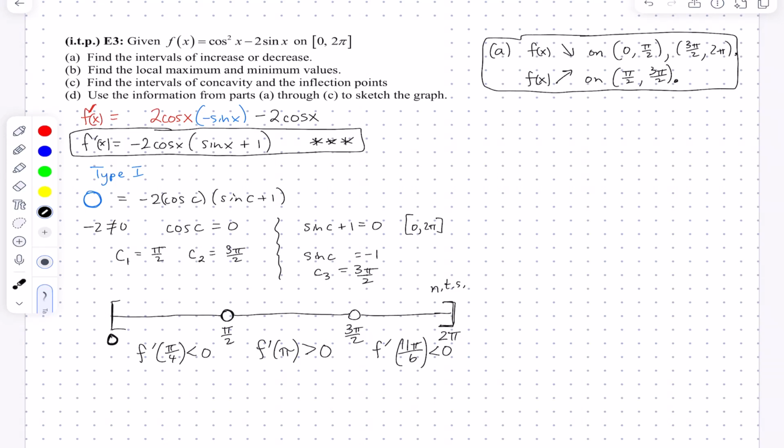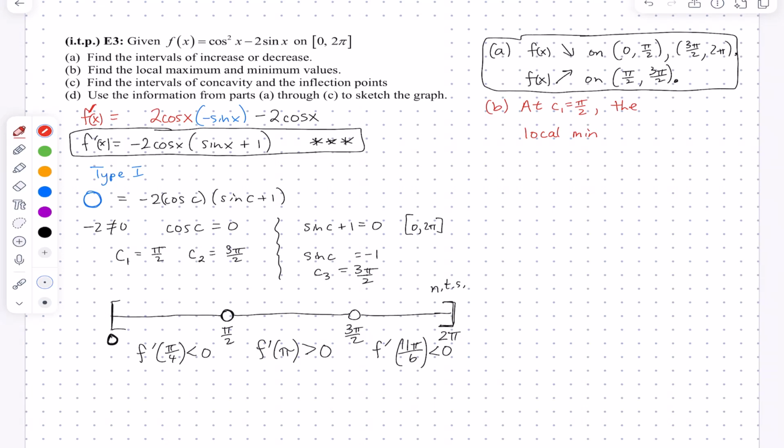So at pi over 2, at c1 equals pi over 2, we have a local minimum because the function decreases and then increases. And the local minimum here is f evaluated at pi over 2.